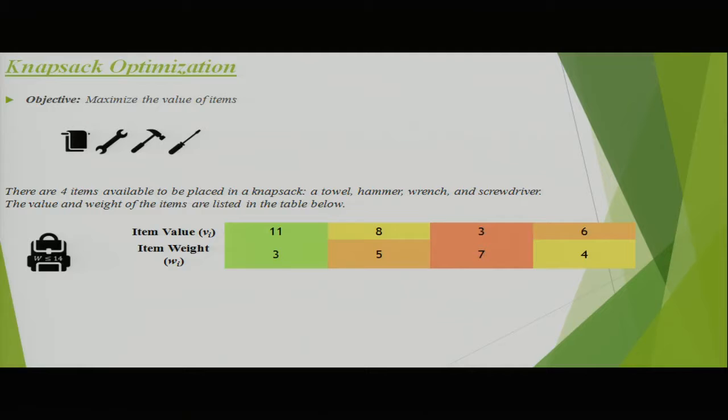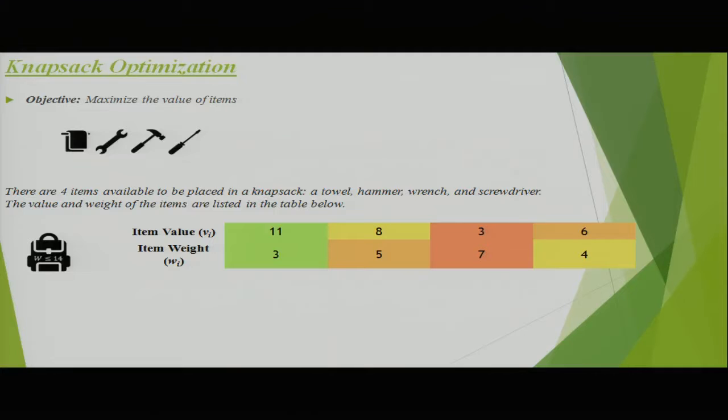Okay. So now you can see that table there, and you can see the values and the weights. So how do we optimize, what's the optimization formulation?